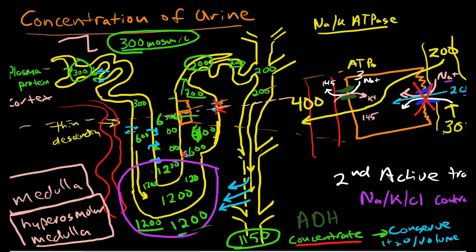Okay, so that's one thing that's very interesting. It blocks this process so that the concentration of the hyperosmolar medulla does not occur, or occurs to a lesser extent, so that urine is not concentrated, and that causes a diuresis, right? If you have unconcentrated urine, you are diuresing, low concentrated urine, right?